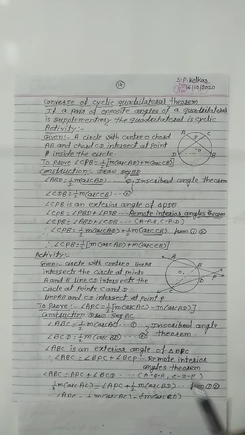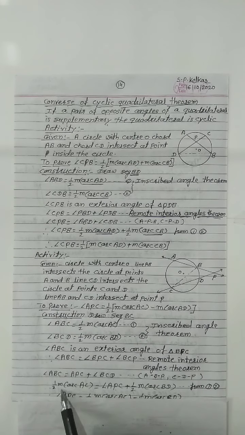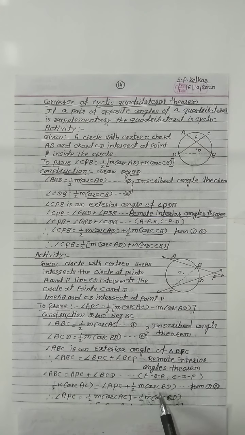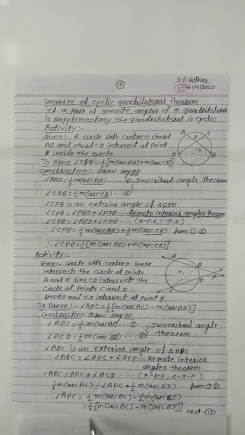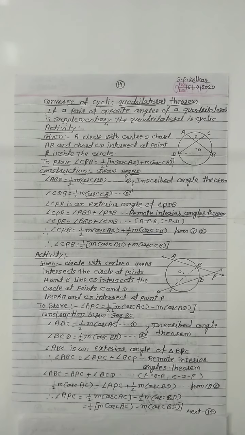From equations 1 and 2 we write these two arc measures. Then angle APC equals 1 by 2 measure of arc AC minus 1 by 2 measure of arc BD. Taking 1 by 2 common, 1 by 2 in square brackets, measure of arc AC minus measure of arc BD.